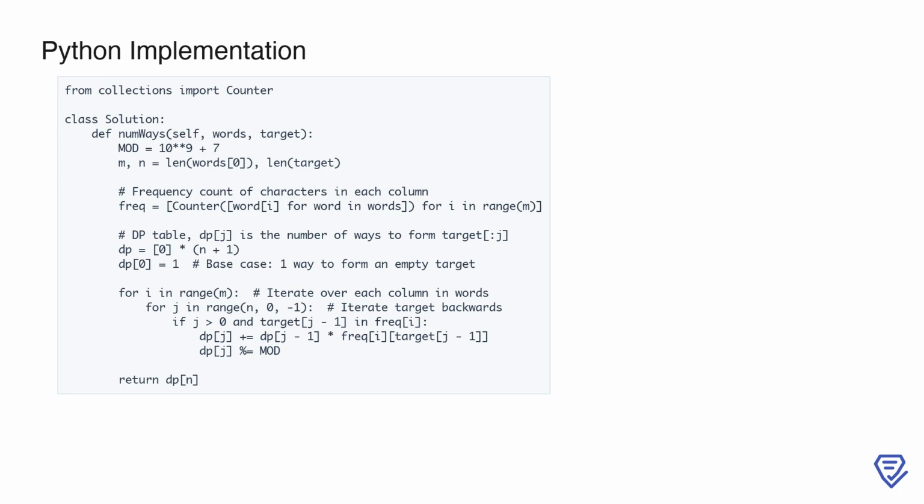This value is taken modulo 10^9 plus 7 to prevent overflow. Finally, after all iterations, dp[n] contains the total number of ways to form the entire target string. This approach runs efficiently in O(m*n) time, where m is the length of the words and n is the length of the target string, making it suitable for large inputs.